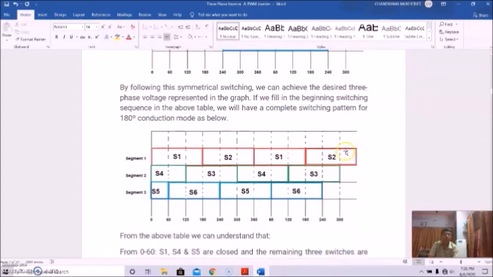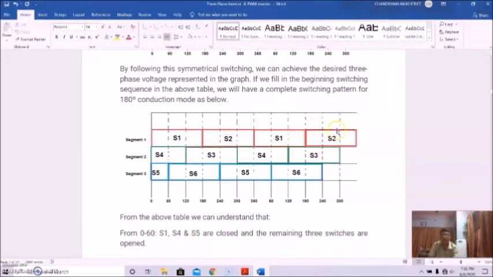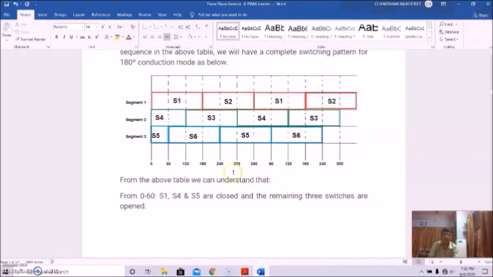So if we fill in the beginning switching sequence in the above table, we'll have a complete switching pattern for the 180 degree conduction mode below. So this will be like this: for the upper S1, S3, and S5, and for the return part, S2, then S4, and S6.